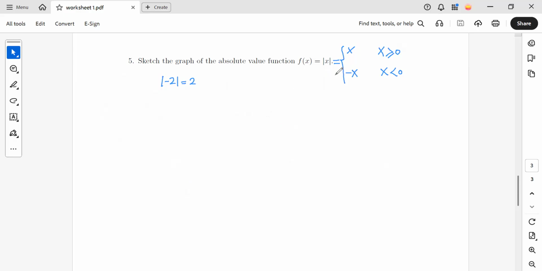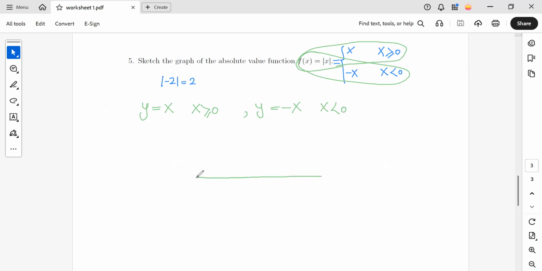For drawing a piecewise function, we would have two different lines. First one is here, and the second one is here. It means that I would draw y equals x for all x that are positive or 0, and also I would draw negative x for all x that are negative. So y equals x.